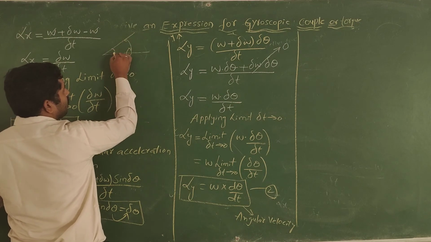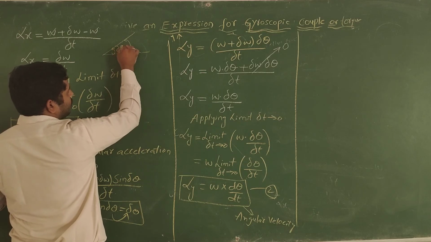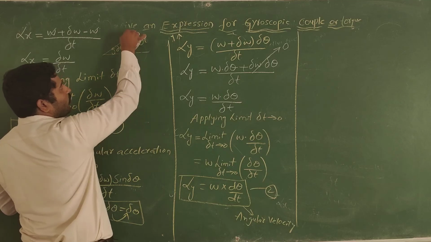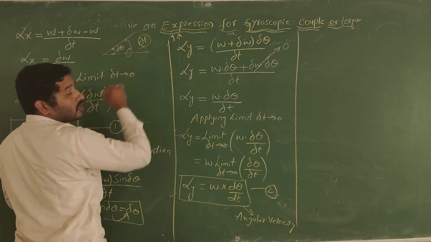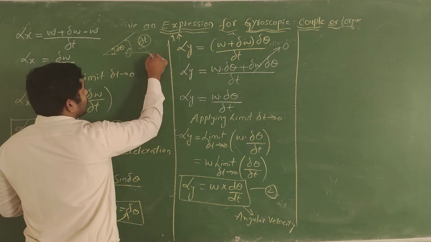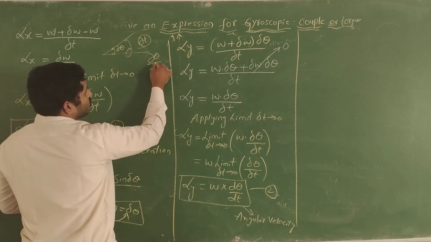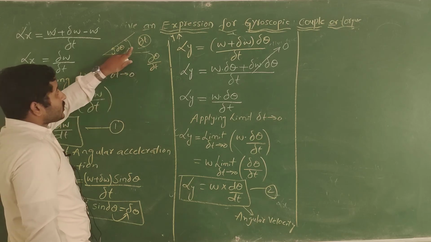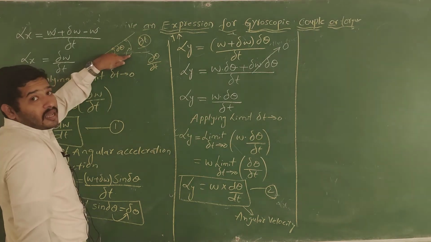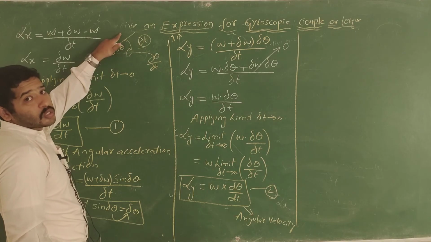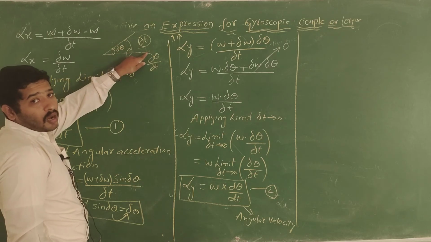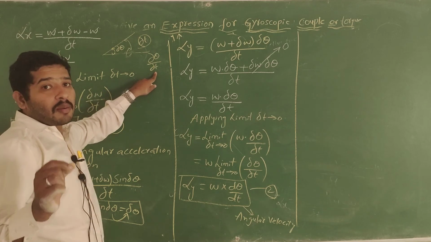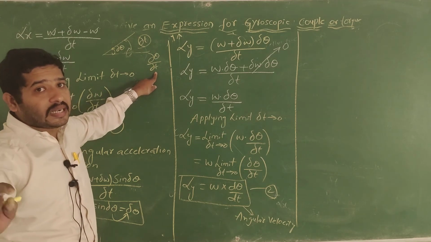At that time it makes some angle delta theta, and moving from initial to final requires the time dt. So we can say d theta by dt is the angular velocity of the disk. The disk is moving from the initial axis of spin to the new axis of spin. It makes the angle delta theta, and requires some interval of time delta t.